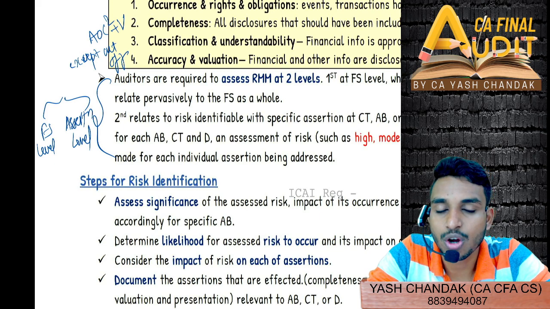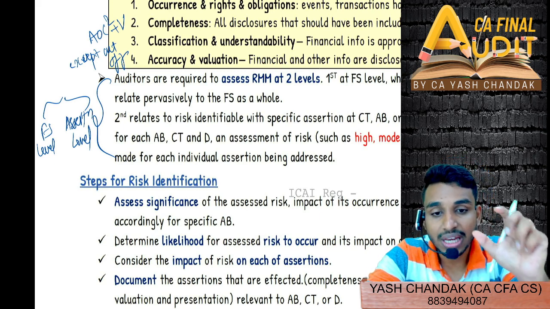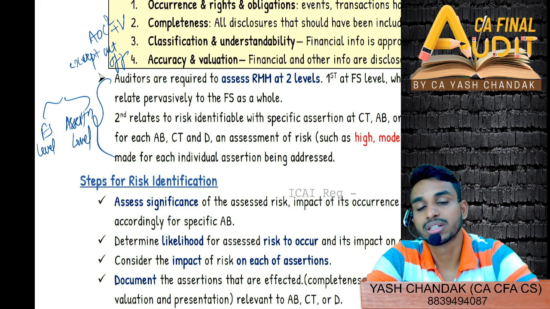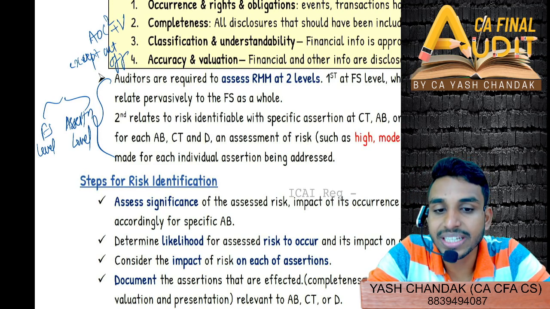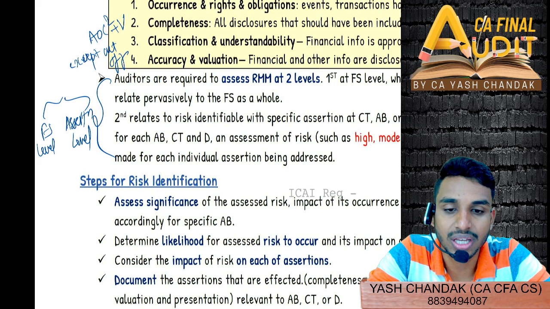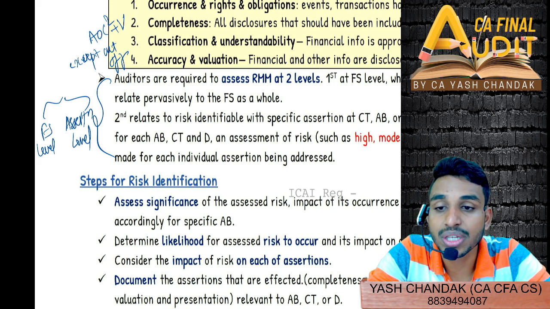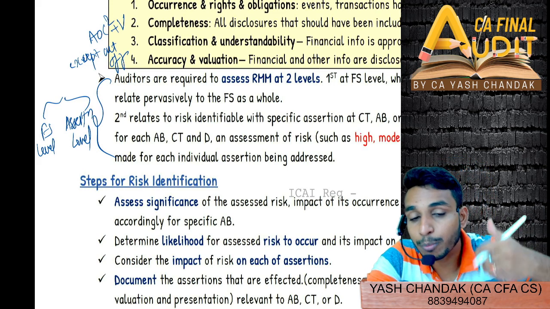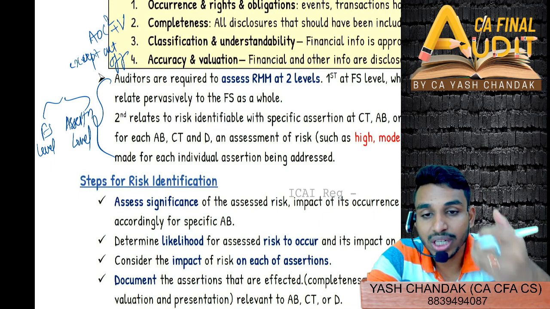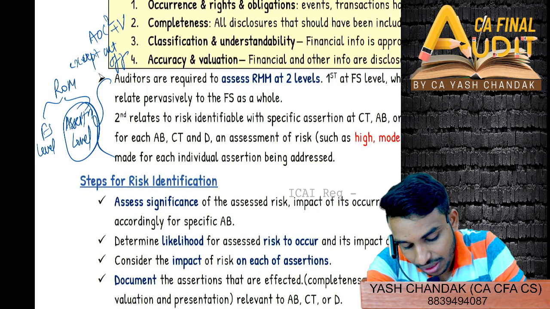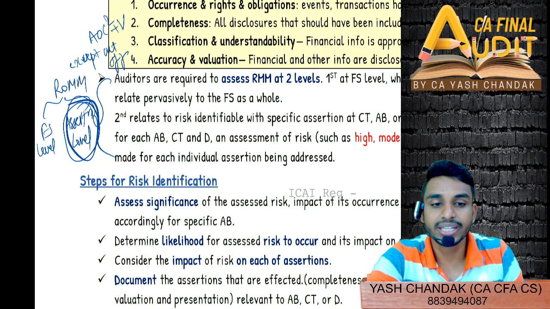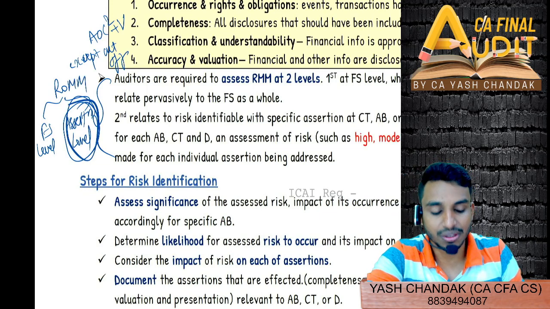As class of transaction, account balance or disclosure level, there was a line given. Why are we actually doing that? You can go through SA 315 also. To determine the NTA of FAP, correct? Correct, Sagar. To determine the nature, timing, and extent of further audit procedures. How are you going to proceed further with your other audit procedures? For that matter, you have to assess ROMM at the assertion level also.